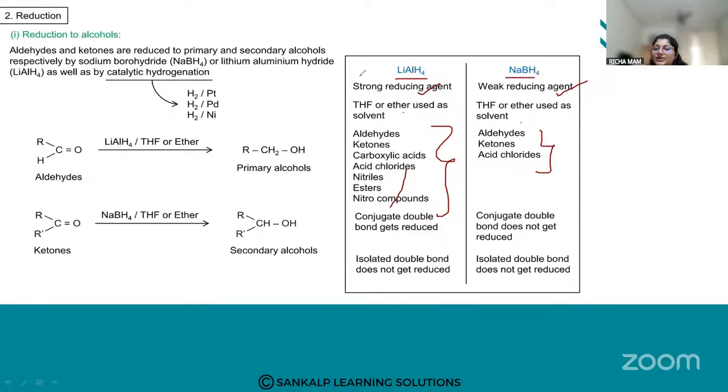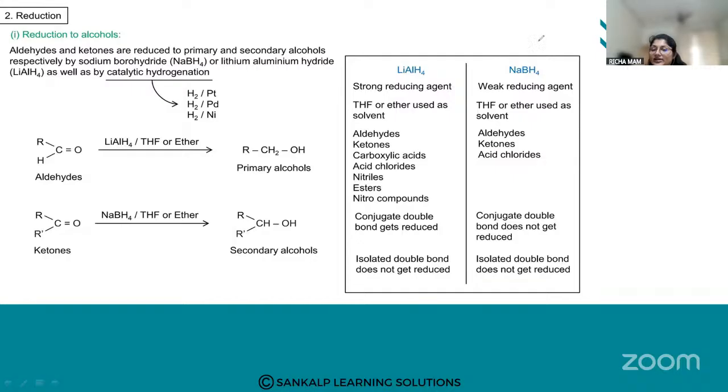What happens when you use lithium aluminum hydride? Your conjugate double bond gets reduced, whereas in sodium borohydride, the conjugate double bond does not get reduced. With lithium aluminum hydride, an isolated double bond does not get reduced.